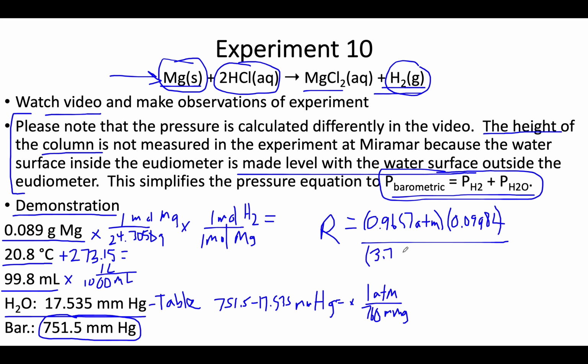That's 3.7 times 10 to the minus 3. And that's of the hydrogen moles. This is the gas. Again, because of the 1-to-1 mole ratio, they're the same, but really want to emphasize all of these need to be of the gas. And then our temperature, 293.2 K.